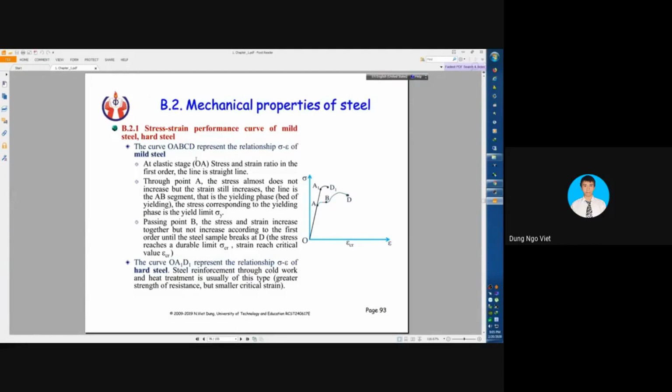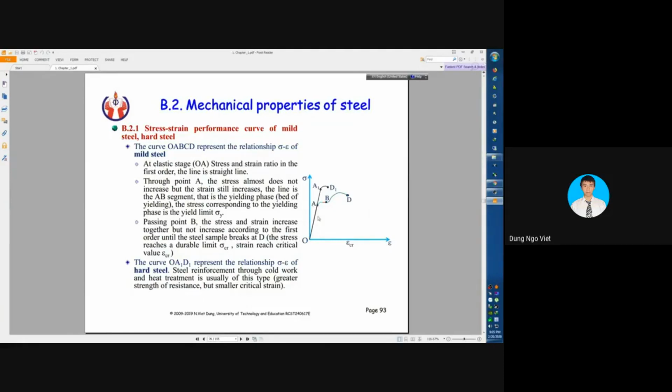Next, we consider the stress and strain curves of mild steel and hard steel. We have two curves, OABCD and OAA1D1. The curve OABCD represents the relationship of stress and strain of the mild steel.